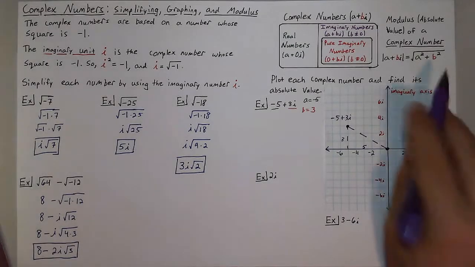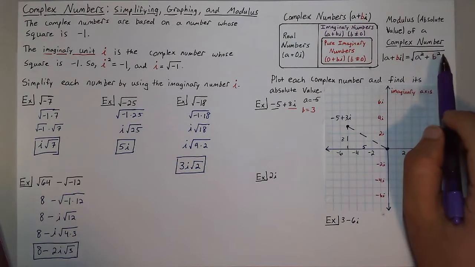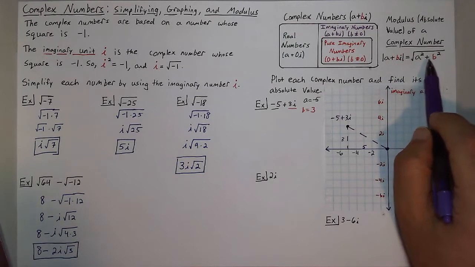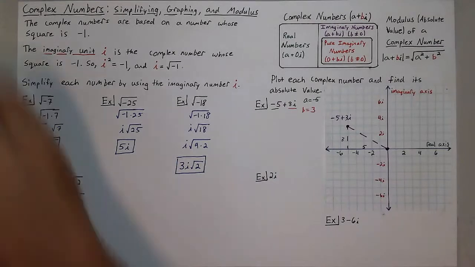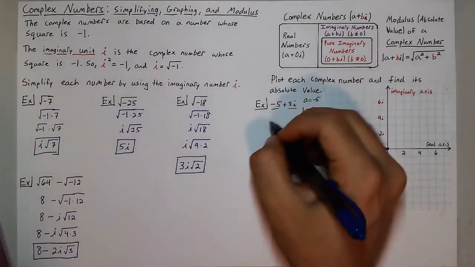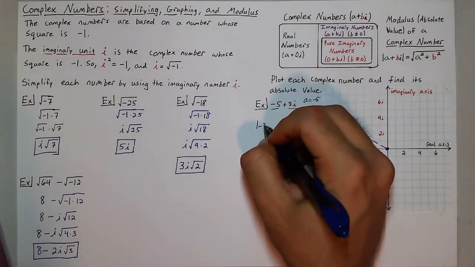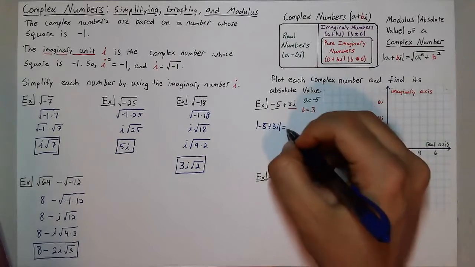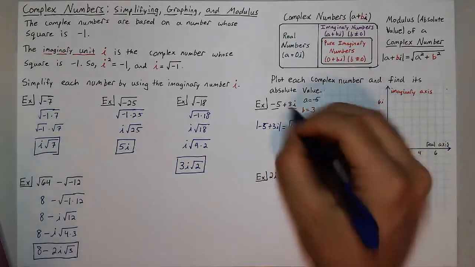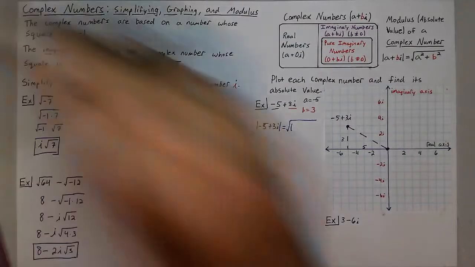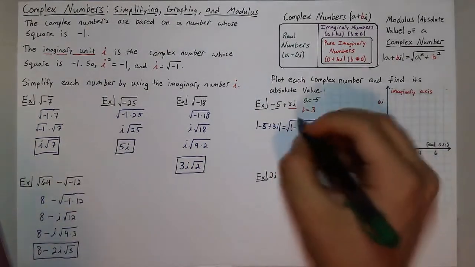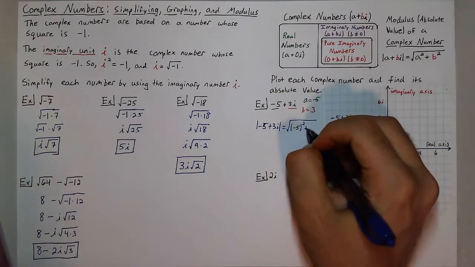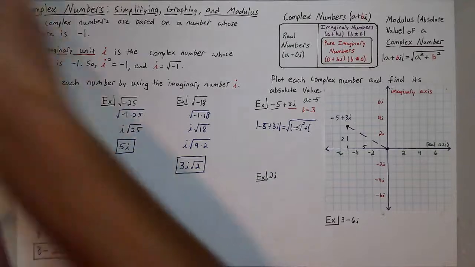So the formula I'm going to use is the square root of a squared plus b squared, which is essentially taking the Pythagorean theorem and solving for c. So if I use this formula, I can get the absolute value of negative 5 plus 3i is equal to the square root of negative 5 squared, or you could have put 5 squared, plus 3 squared. And you see I don't put the i on that.